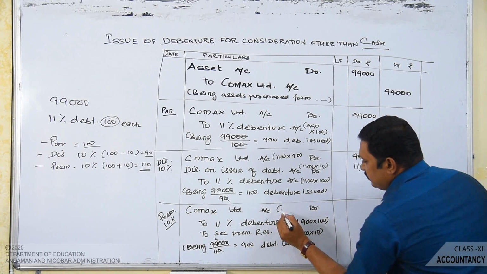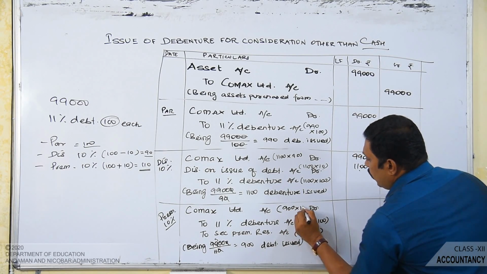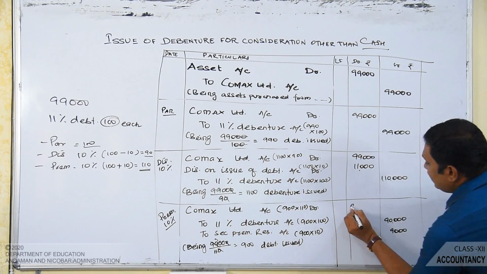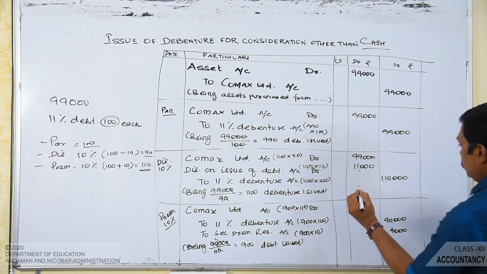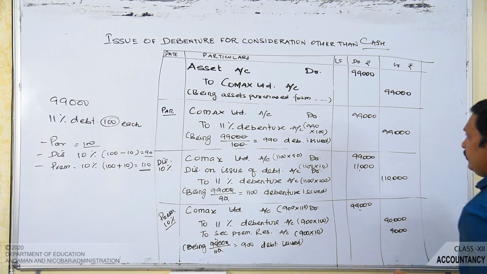So in Comax Limited we write 900 into 110, that is 99,000. Right.